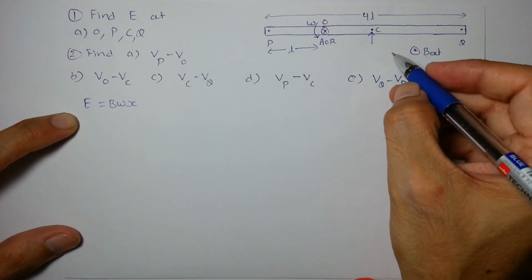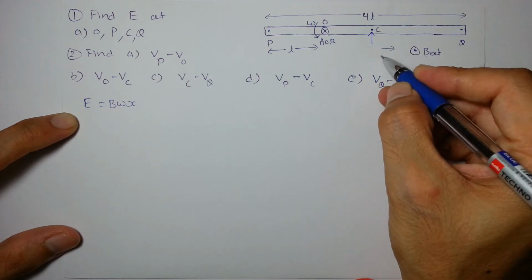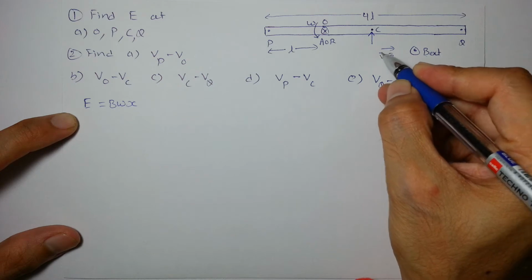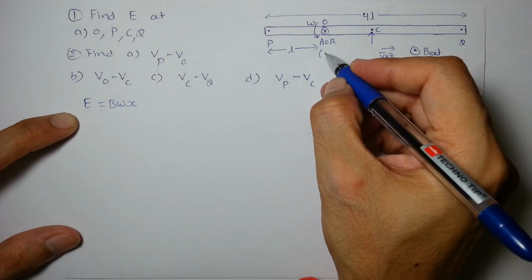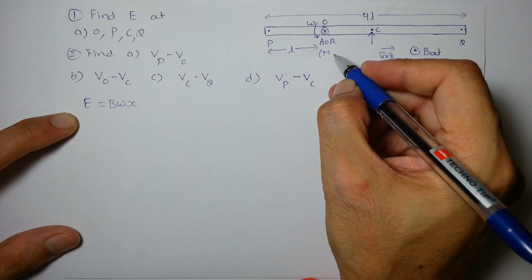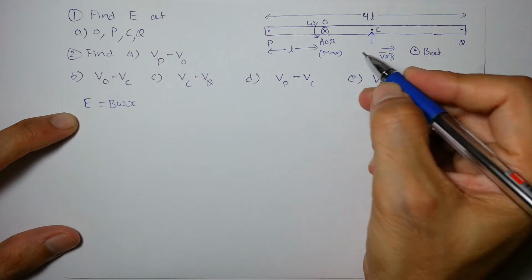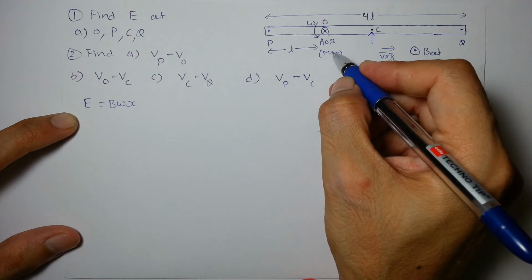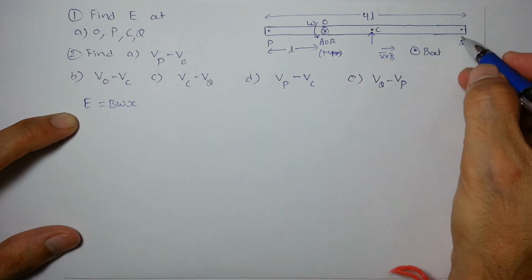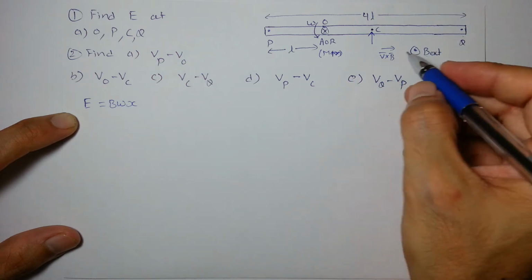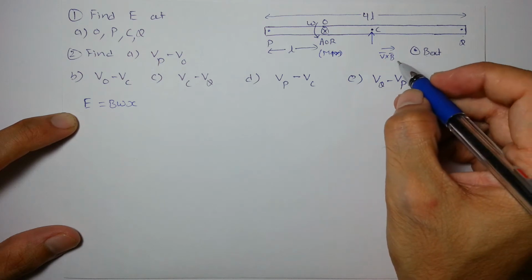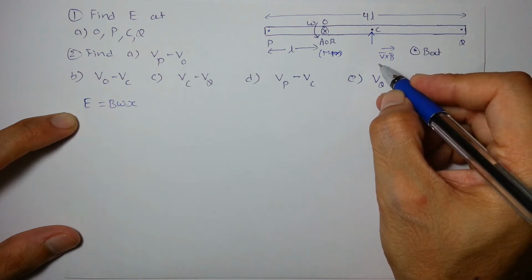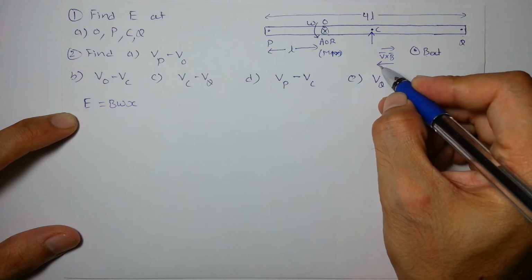So V cross B is coming away from the axis, which means the axis will have minimum potential and this will be maximum potential, so the electric field will be in this direction.